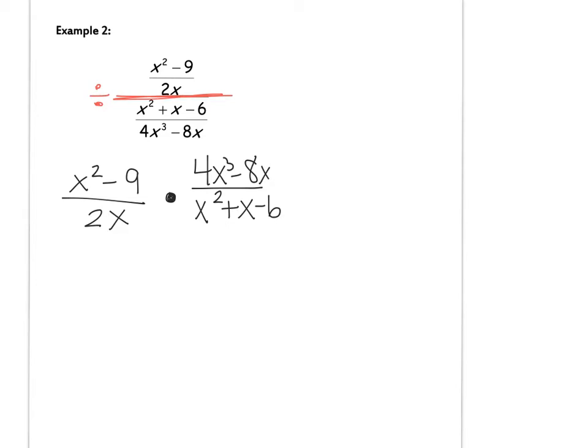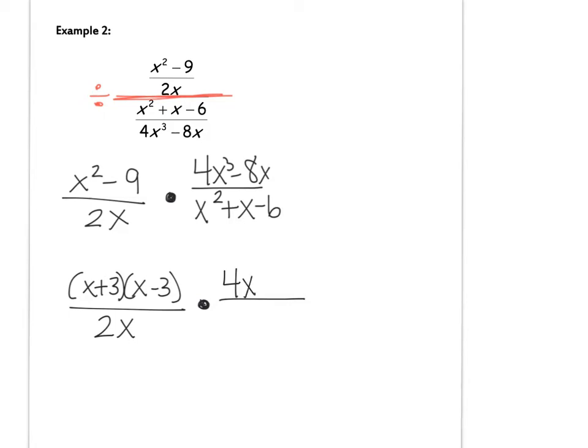Hopefully you recognize that this is an easy set to factor. x squared minus 9, it's just our difference of squares, so (x + 3)(x - 3). Underneath it, 2x will just stay the monomial 2x. 4x³ - 8x has a greatest common factor of 4x.